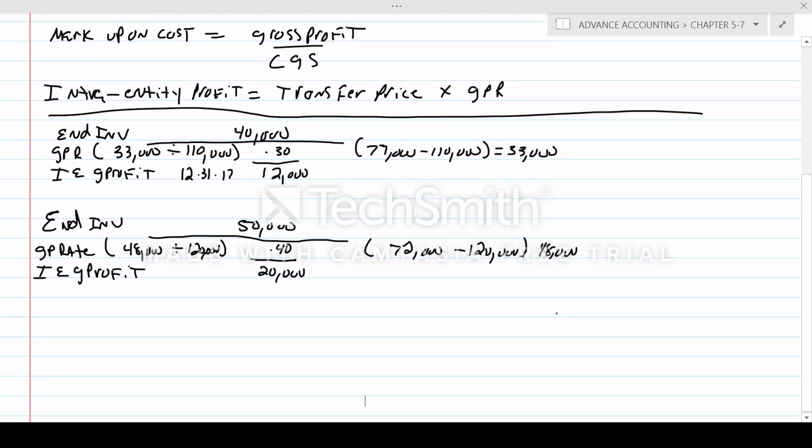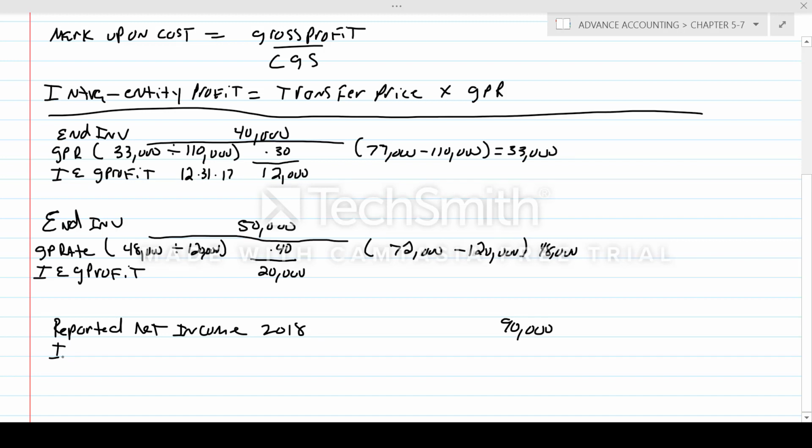So now once you determine the intra-entity gross profit for both years, the next step is to calculate net income attributed to non-controlling interest. And so you take your reported net income for 2018, which was 90,000 in the problem.